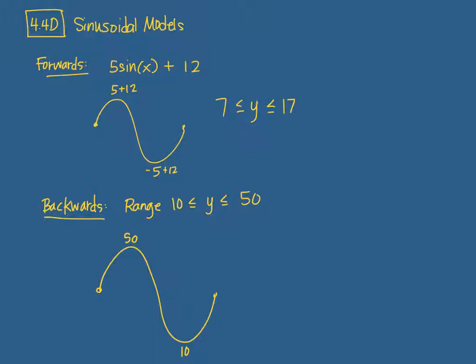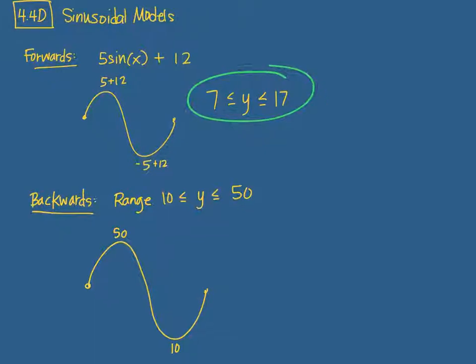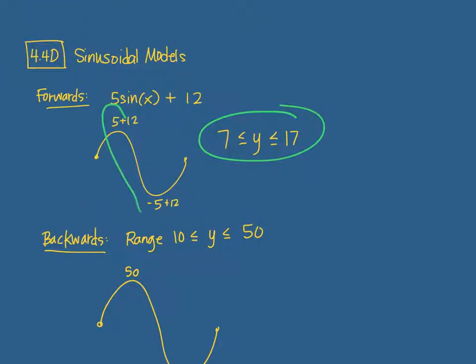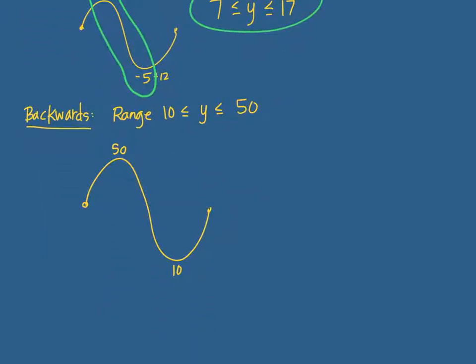What is the distance between 7 and 17? 10. What about the gap between 5 and -5? Also 10. So the gap between 7 and 17 was 10, and the gap between 5 and -5 is 10. Let's see if we can use that to help us out here. What's the gap between 10 and 50? 40.